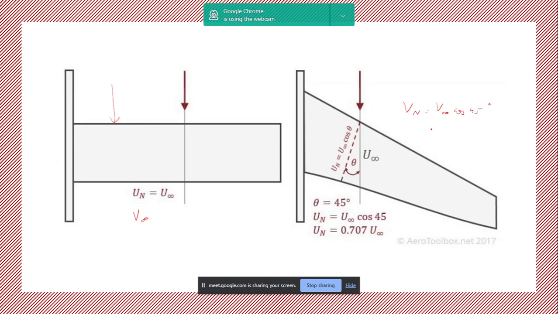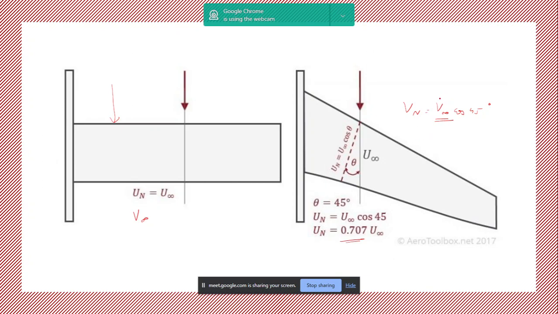So the effective velocity that each airfoil sees is reduced by a factor corresponding to the angle, which will always be less than the free stream velocity. So each airfoil section throughout the span of a swept wing encounters a normal velocity that is less in magnitude as compared to v infinity.